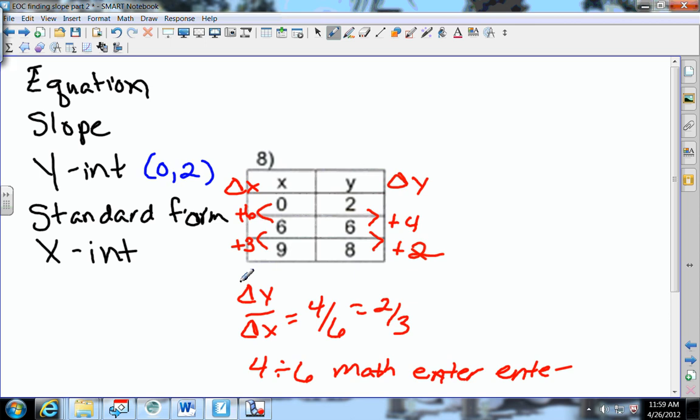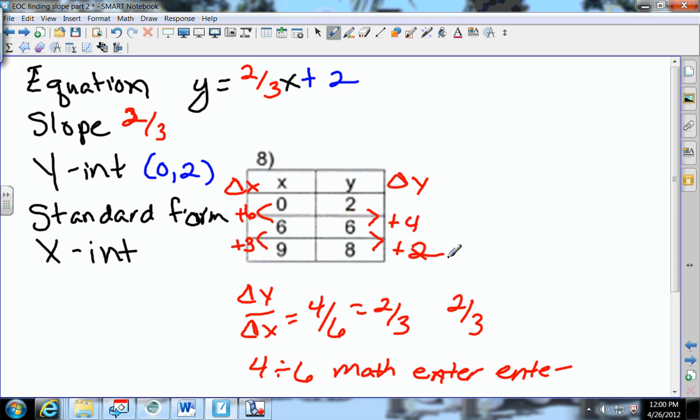The next one, on the bottom one, that one does reduce to 2/3. It's already 2 over 3. So there's my slope. Oops, I wrote a 3, 2/3. My equation should be y equals 2/3 x plus 2. If you see, I kind of color coordinated that right now.